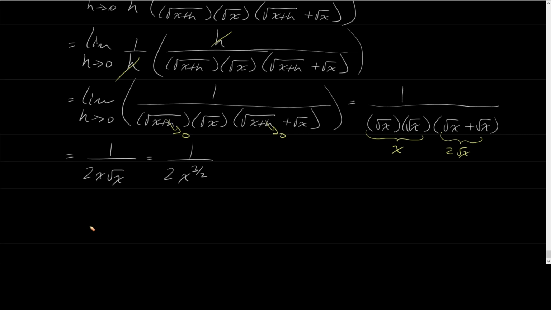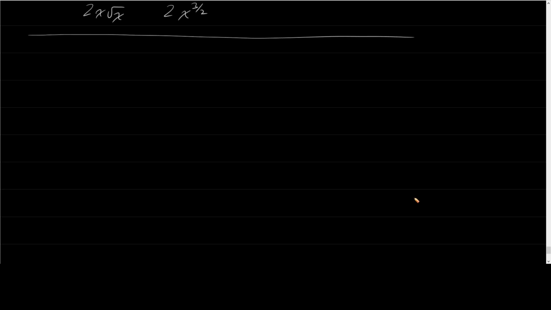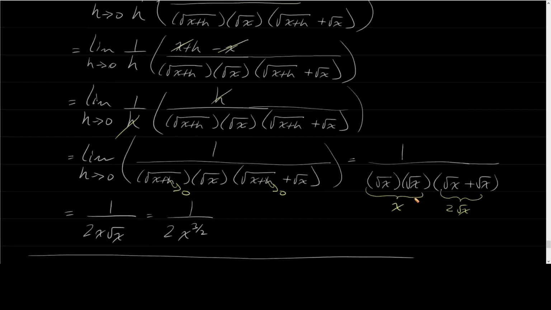Okay, so that was just some more examples of derivatives. Now, I want to do more examples with finding the equation of a tangent line, but it's going to be slightly different than what I did in the other video.